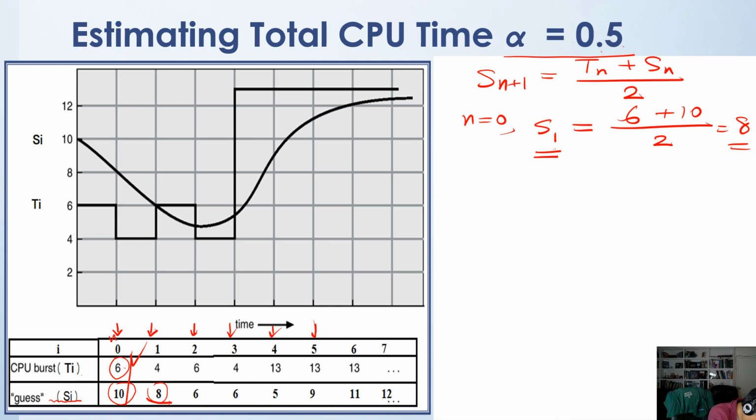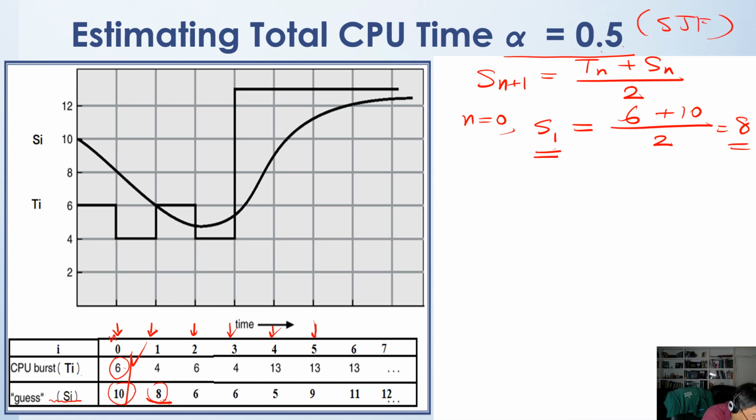Now, we use this number as the predicted total CPU time and compete with the other processes. If 8 is the shortest estimated total CPU time, then this process will get the CPU, right? Again, suppose we use SJF.